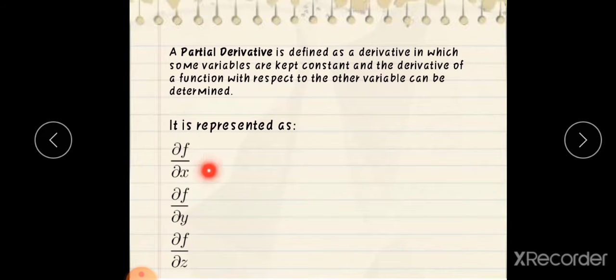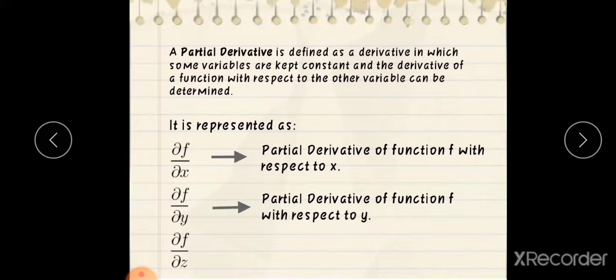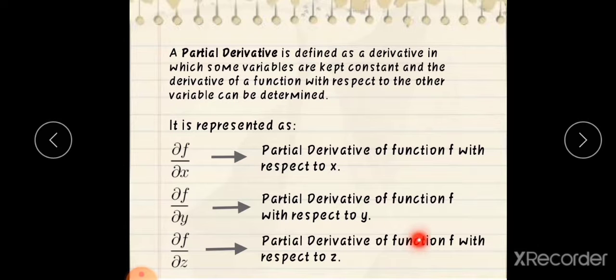If we use this notation, this is the partial derivative of function f with respect to x. And if we use this notation, this is the partial derivative of function f with respect to y. And if we use this notation, this is the partial derivative of function f with respect to z.